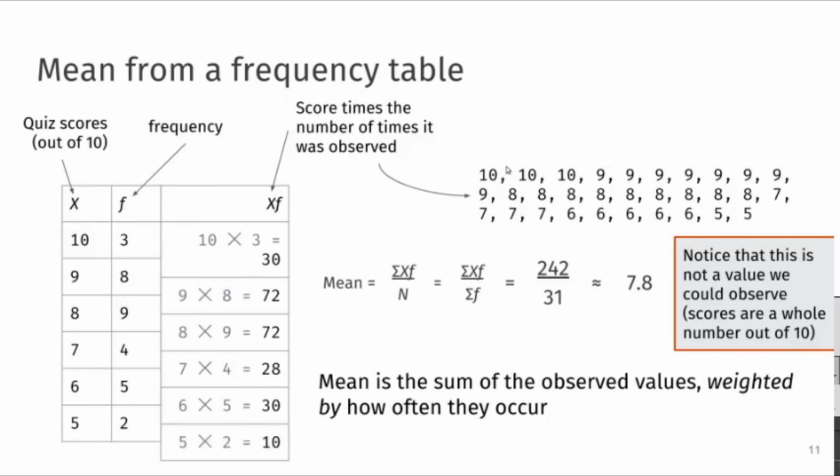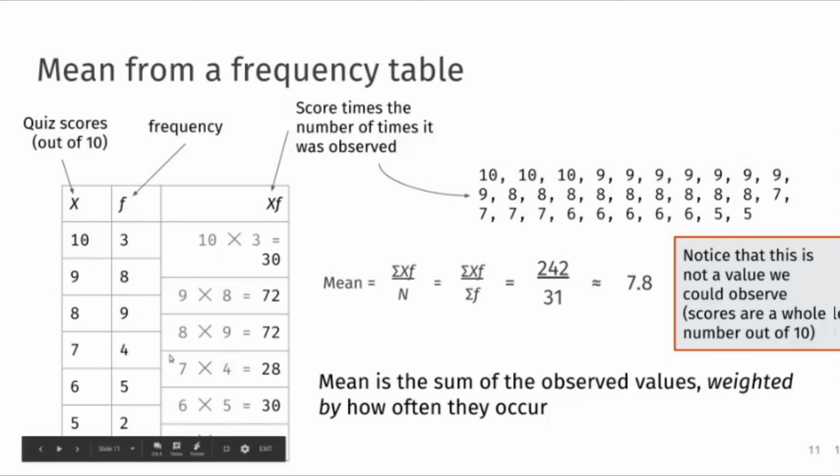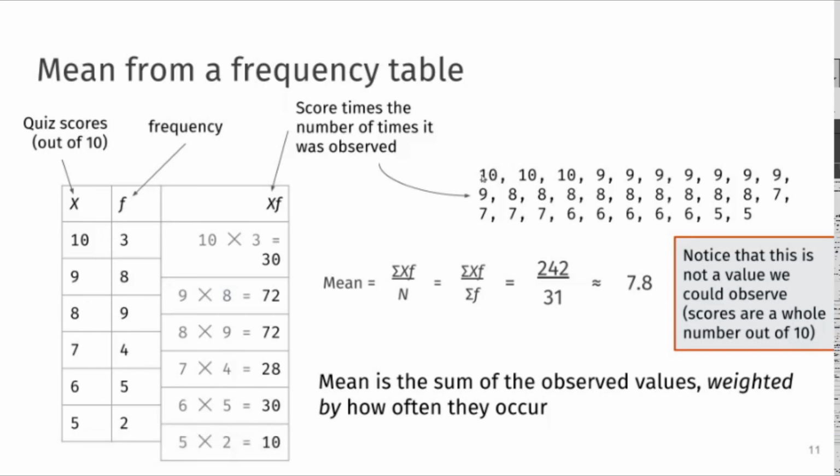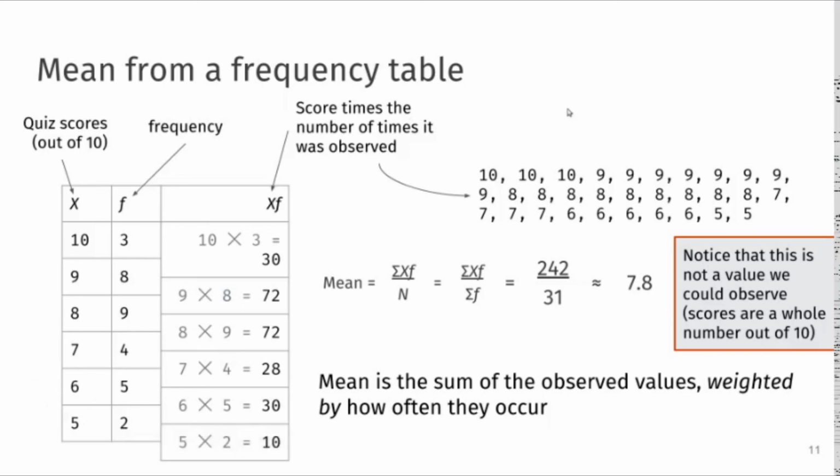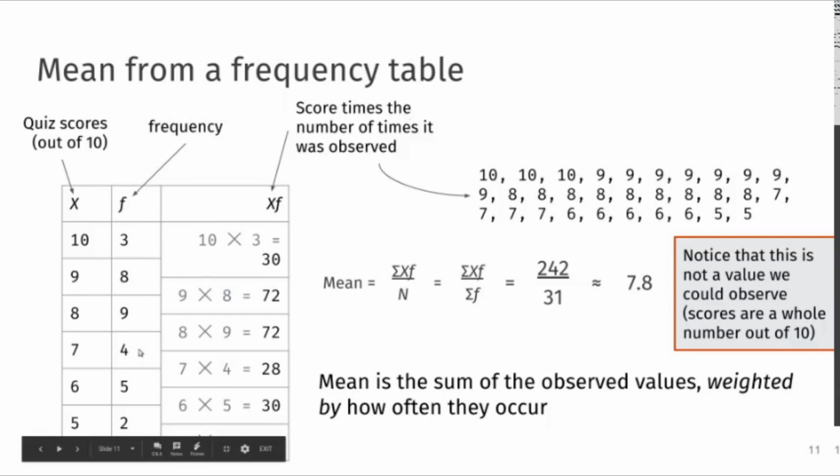But if we didn't care about saving space and being efficient this way, what we could do is write out a frequency table where we had a row for each of these observations. So it would be 10, 10, 10, 9, 9, 9, etc. But where the frequency column was just 1 for each of these.